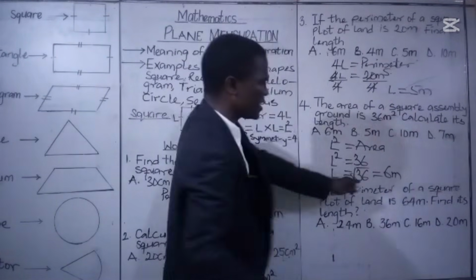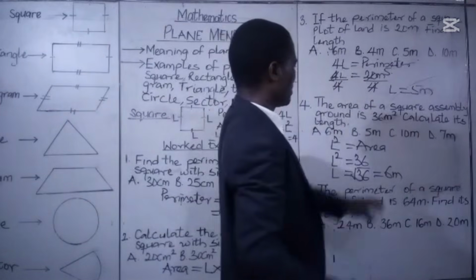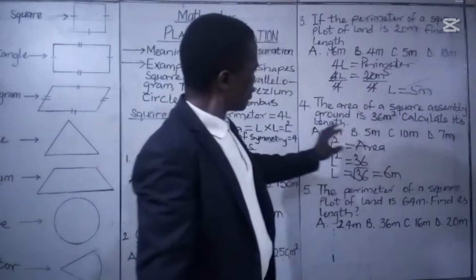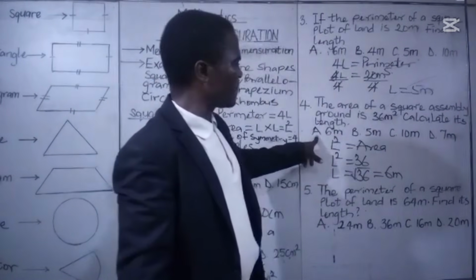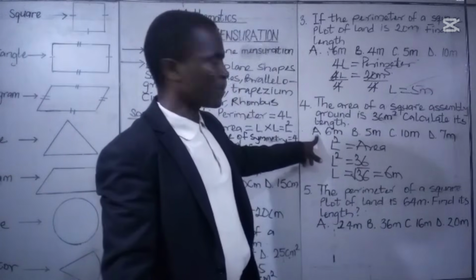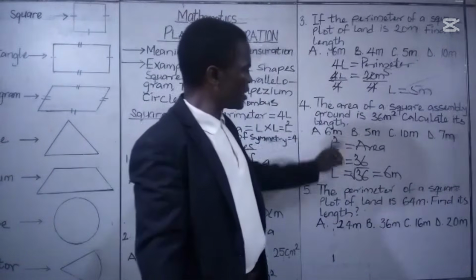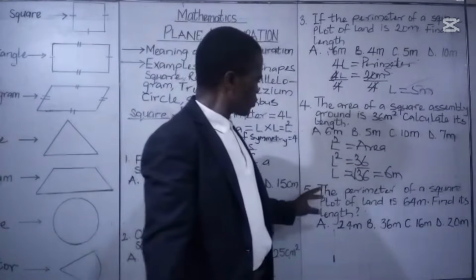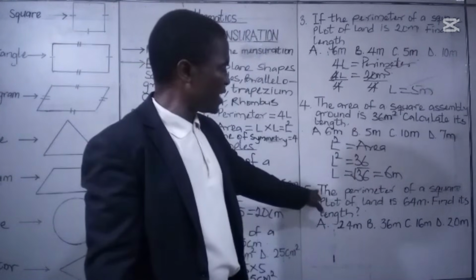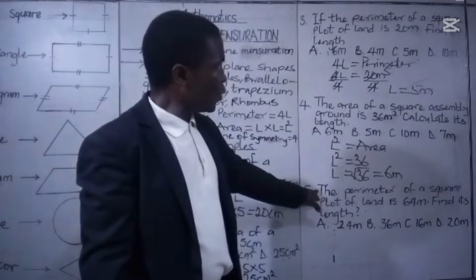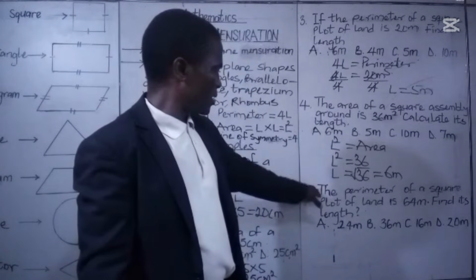The square root of 36 is 6, and then the most appropriate option here is option A, 6 meters. Now let's quickly proceed to number 5 finally before we go into class work.